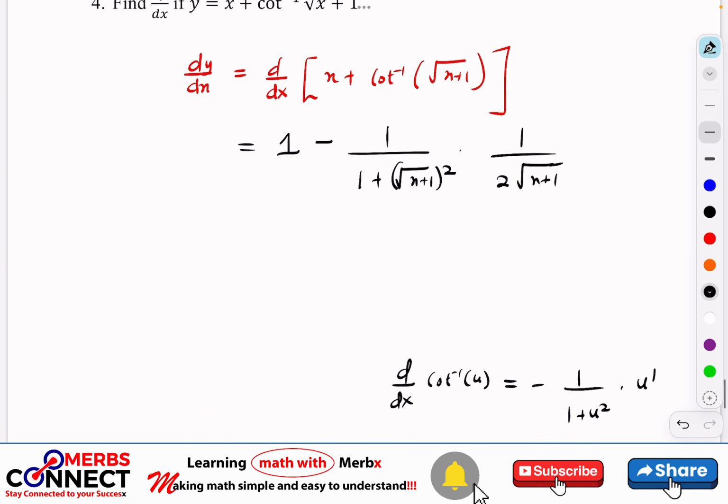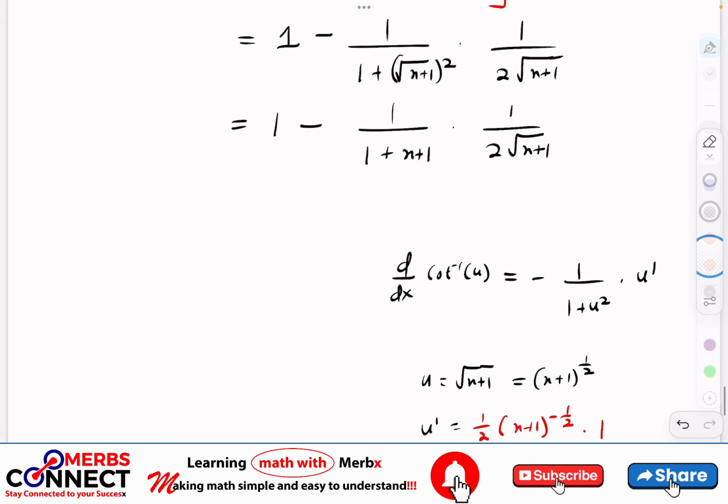So now if I want to simplify this, 1 minus 1 divided by 1 plus, when I cancel this, this is going to be x plus 1, then times 1 divided by 2 square root of x plus 1.